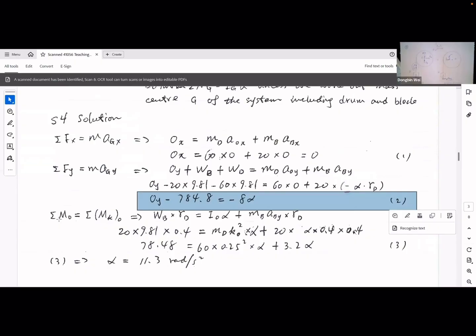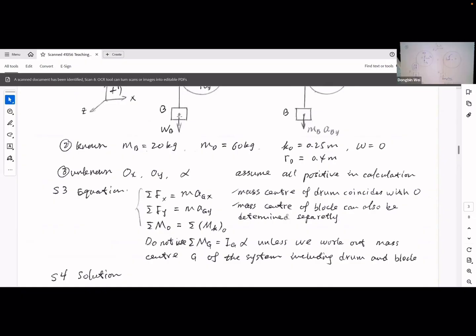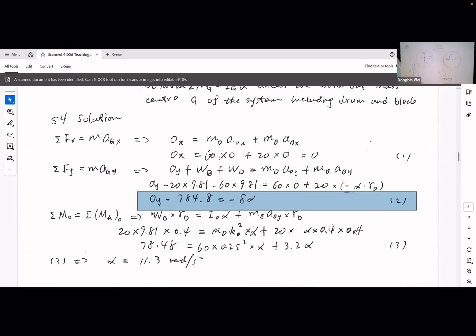And then for the rotational component, look at this diagram. About point O, only WB has a non-zero moment, and it's counterclockwise positive, okay?